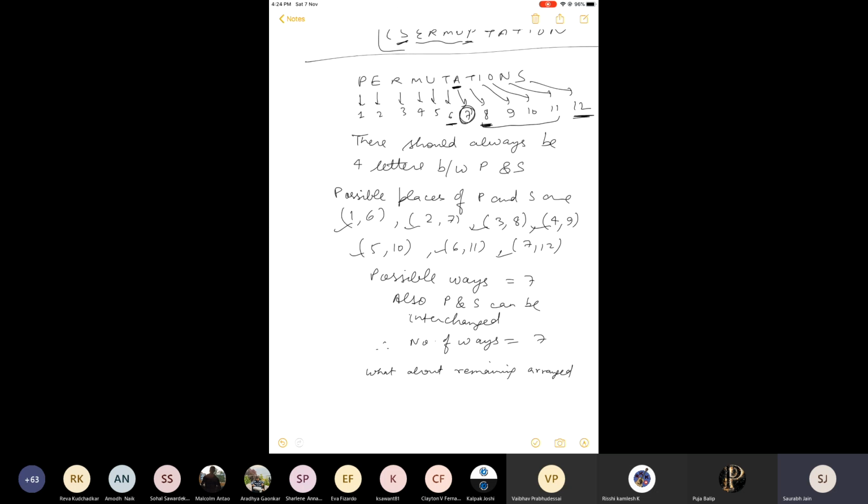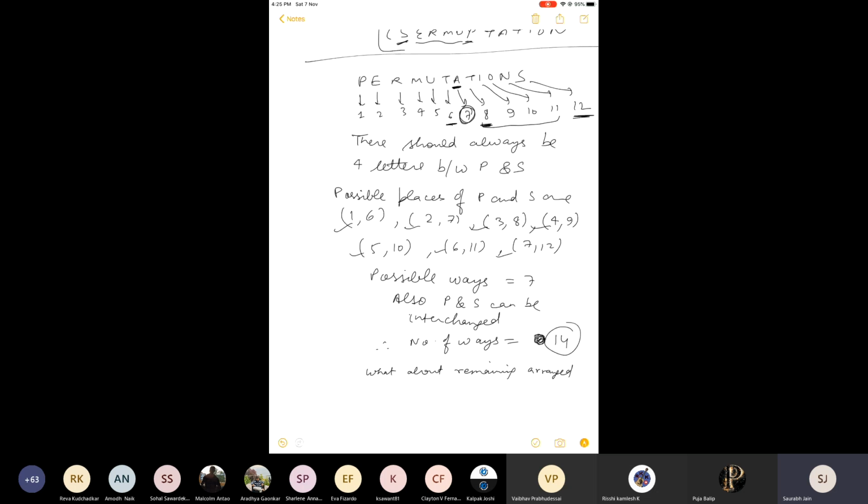Now, we have only rearranged P and S, alright? But we are not saying what about the other 10 alphabets. So, number of ways, it will not be 7, it will be 14. Why? 7 are the ways when P is coming before S, and 7 ways when S is coming before P, right? So because of them, 14 ways are there.